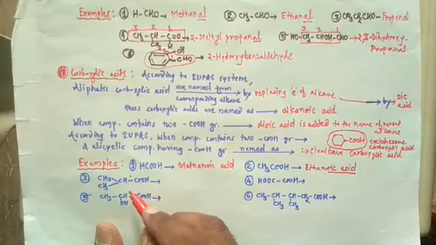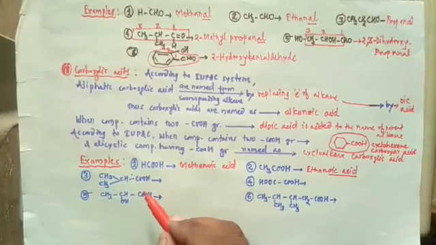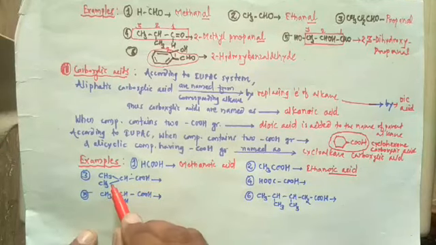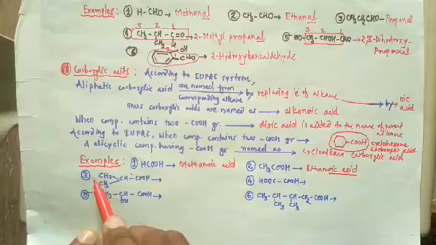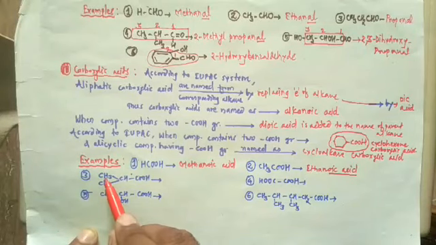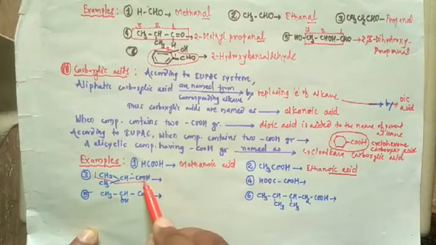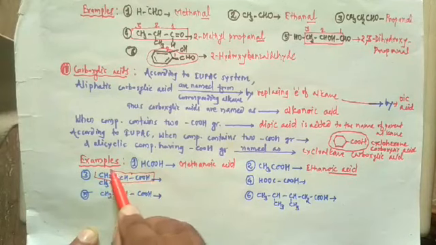Then take the next example. To derive the IUPAC name of this compound, first of all we have to select the longest continuous carbon chain containing the COOH group. So select this carbon chain.